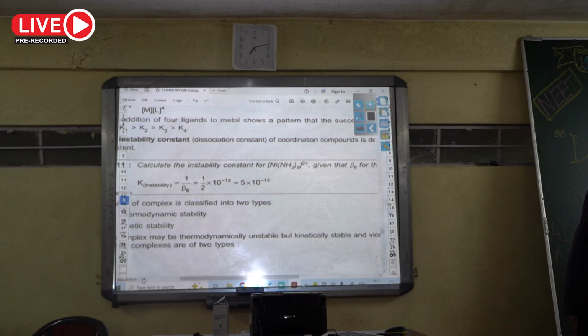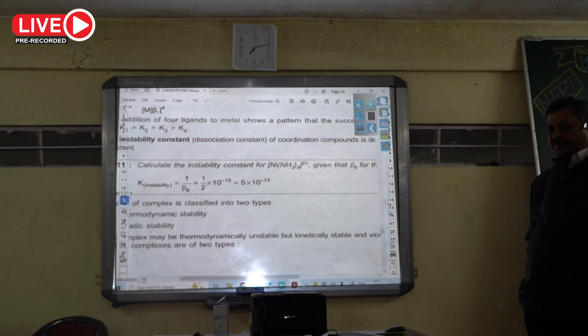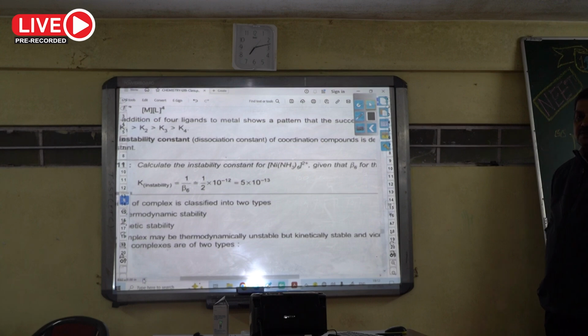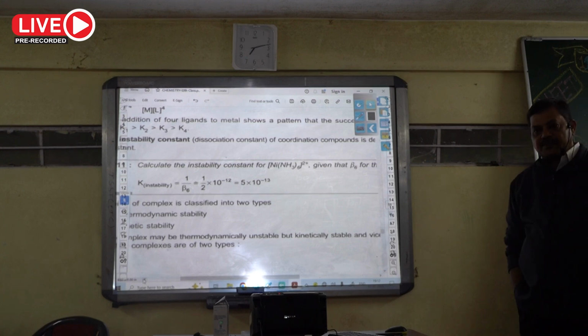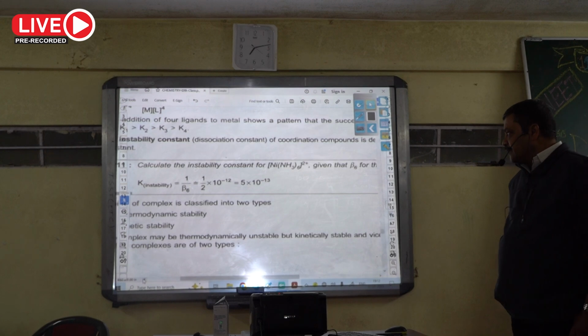So K instability is equal to 1 by beta 6, reciprocal. So 1 by 2 into 10 power 12, 1 by 2 is 0.5 into 10 power minus 12, or 5 into 10 power minus 13. That is called instability constant.